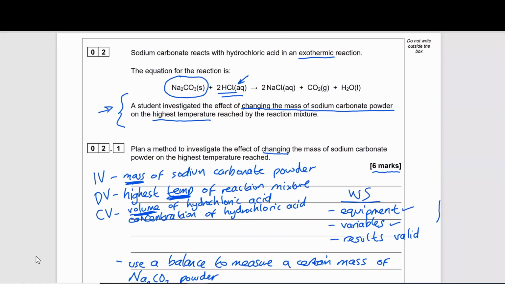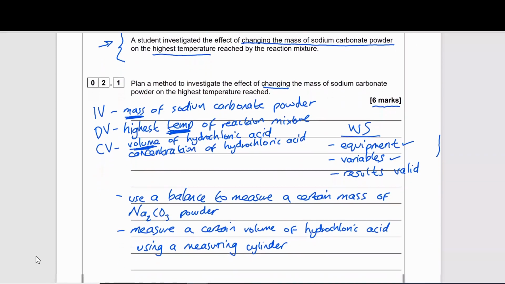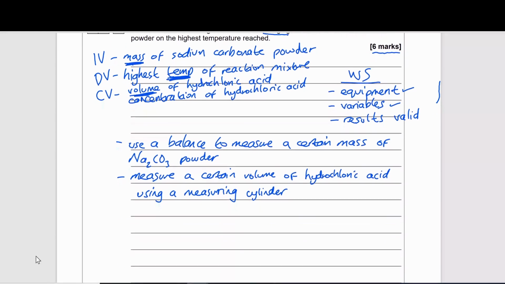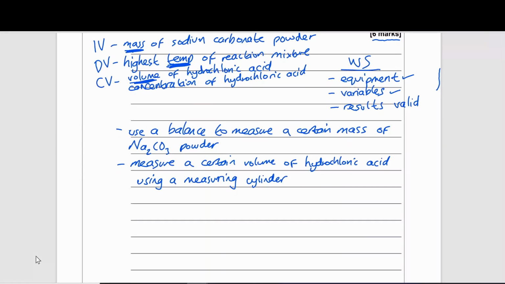We want to keep all that energy in the container that our mixture is going to be in. So we want something that's going to be a good insulator. So thinking back to your required practical, the best piece of equipment to hold our reaction in is going to be a polystyrene cup.